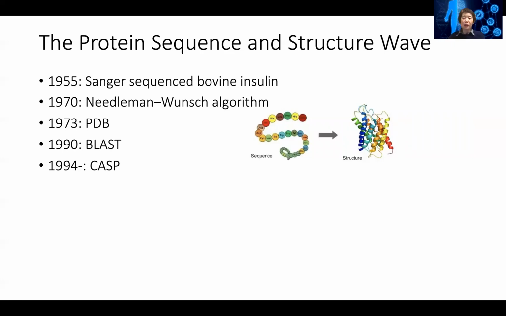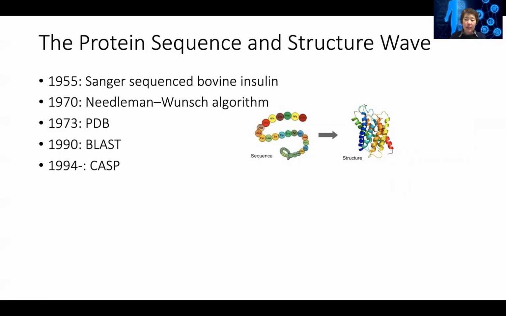Over the years, people were using protein crystallography to solve protein structures, but this is a very laborious process. So there are computational approaches trying to predict the protein structure purely based on sequence.